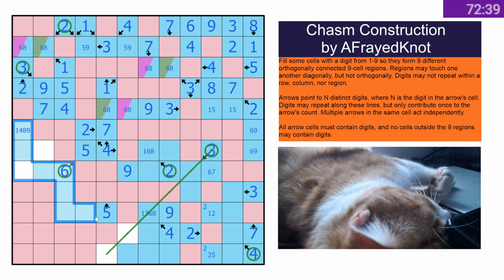Nines in this region. Probably have a lot of options. Well, 4s though. There's a 4. It's not 6. 6 is somewhere there. No, that could be 6. It's not 7 though. 7's somewhere here. No, 7's going to go there. Hey.